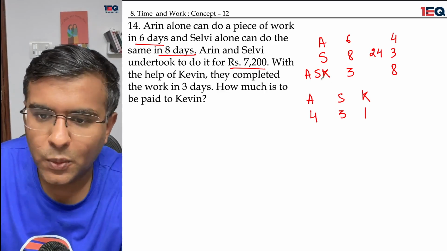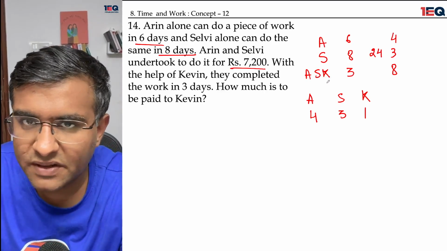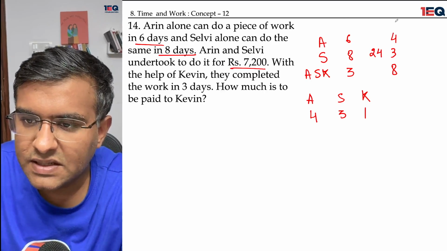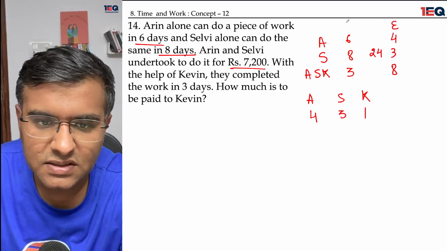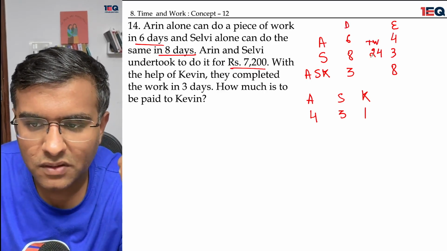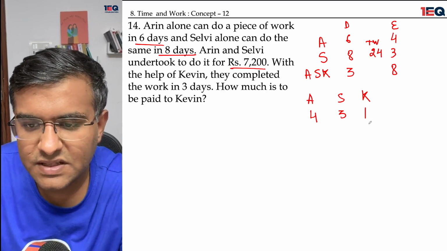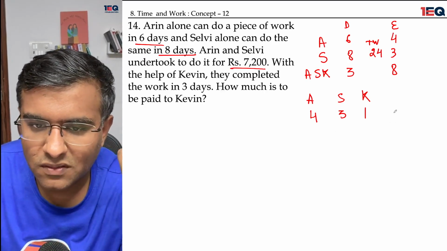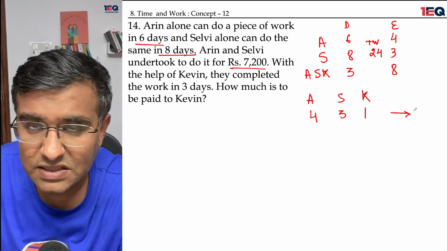I quickly did the unitary method and found out the value of K. These are the efficiencies, this is the number of days, and this is the total work. The total work was this entire set of efficiencies.